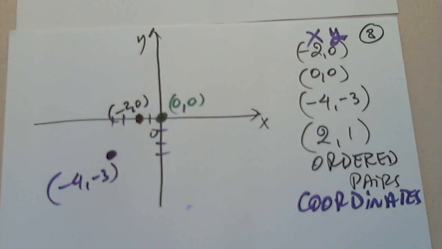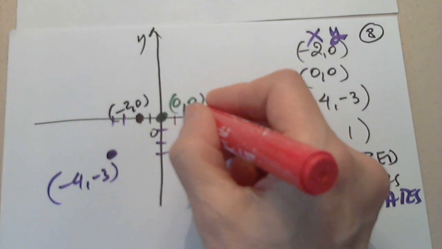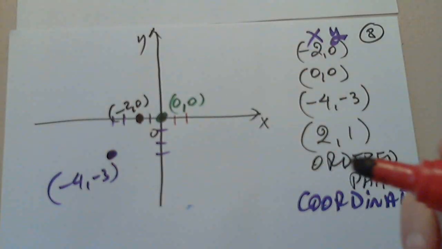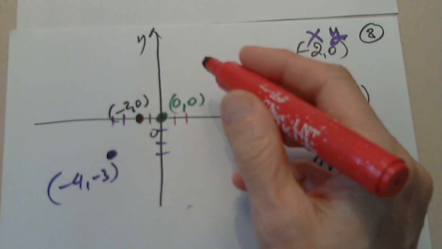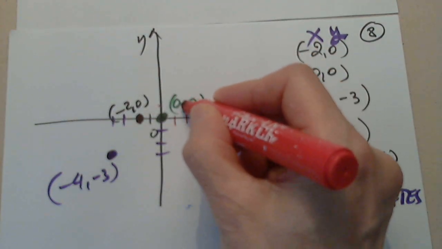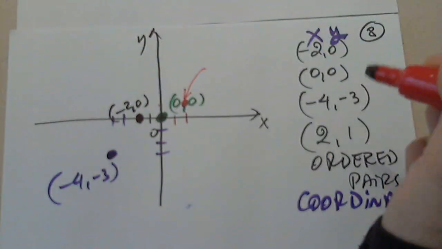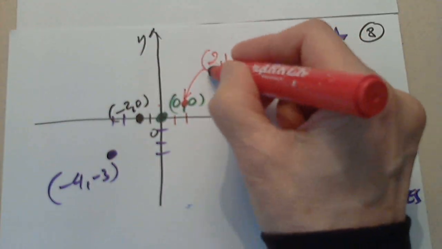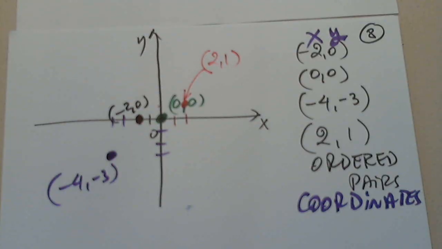Finally, I have (2, 1). I find x first. If y is positive, I go up. If y is negative, I go down. And this time I only go up 1. And this red point is (2, 1). Any questions on plotting points on the coordinate system or plotting ordered pairs?